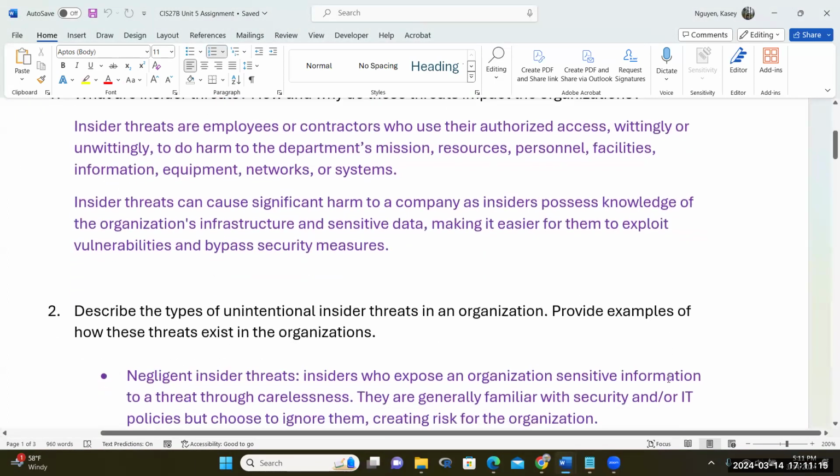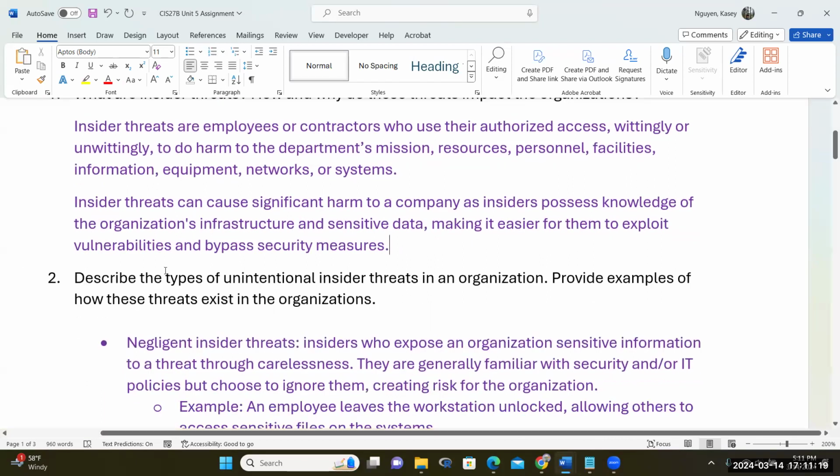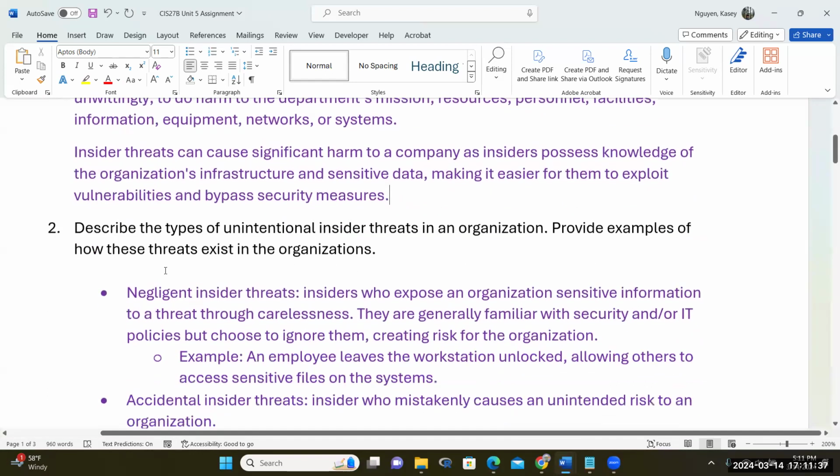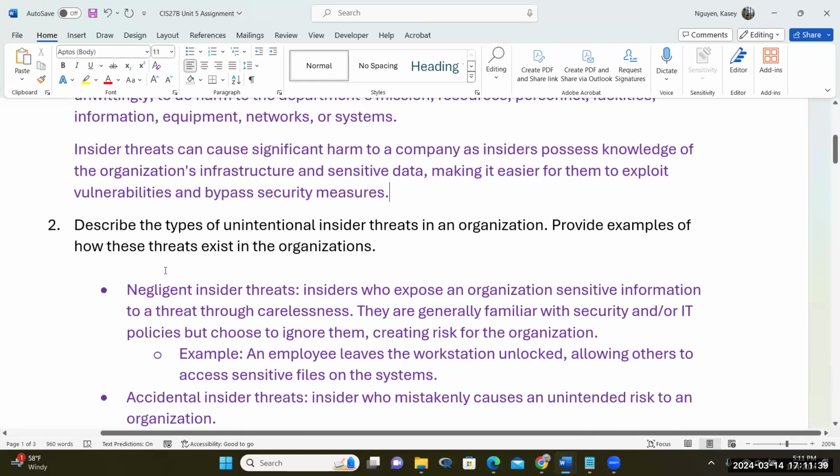So in the next part, it asks you to describe the types of unintentional insider threats and give some examples of how they exist in the organization. You can use the examples that I took from articles and books, or I summarized some of the examples there. So negligent insider threats.